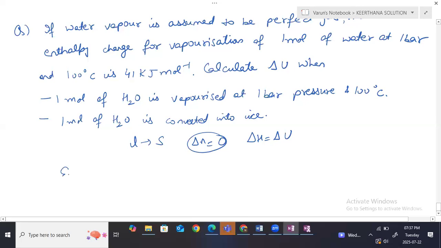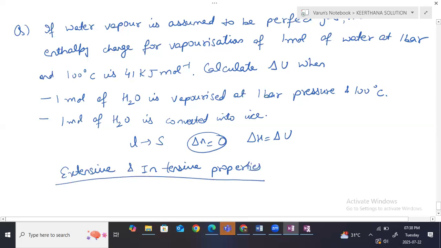Next, we have a concept that is called extensive and intensive property. Basically, we have properties that either depend on the size of a matter or some properties are there that do not depend.